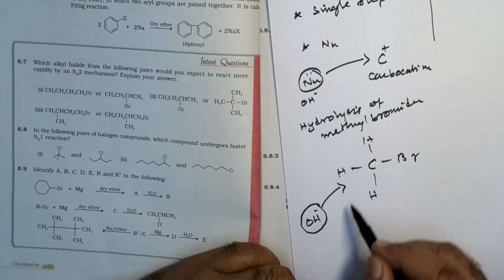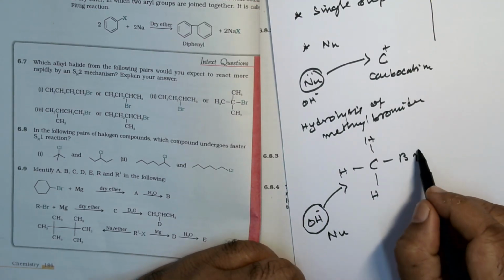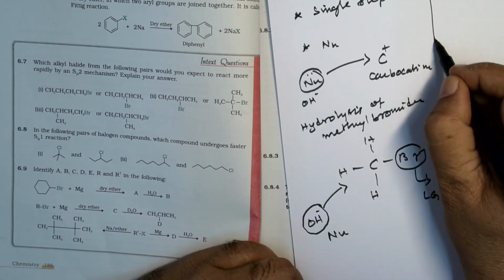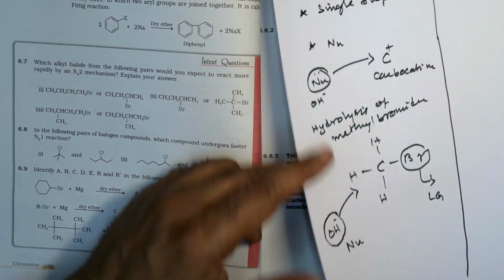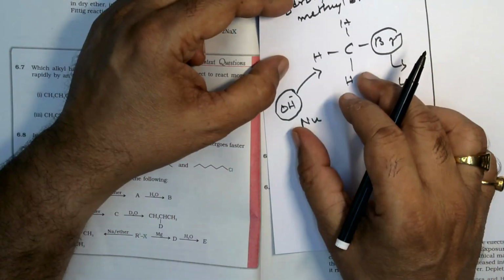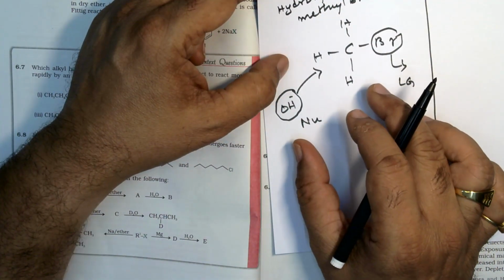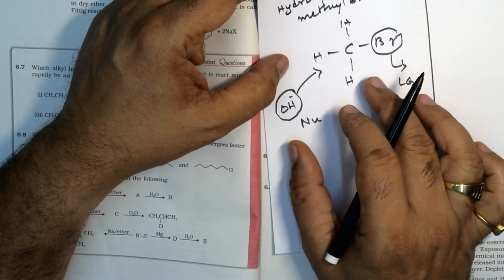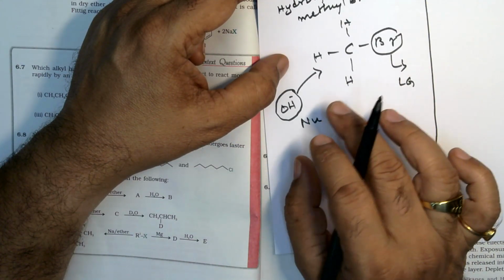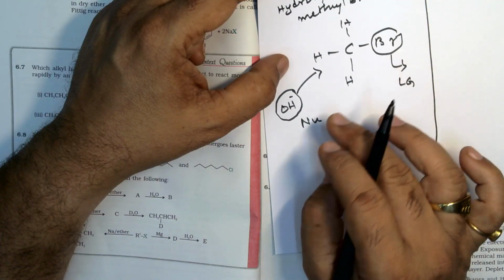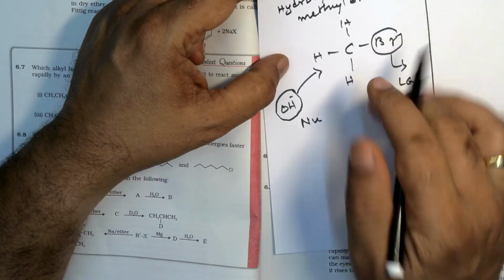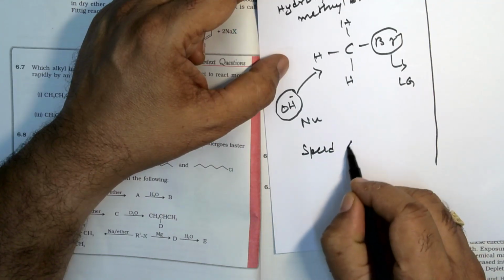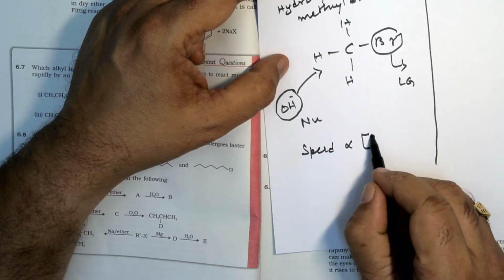This is the leaving group, right? So in the case of a nucleophilic substitution second order reaction, the speed of the reaction depends on the concentration of the reactant. So here the speed of the reaction depends on the concentration of this RX, the substrate.